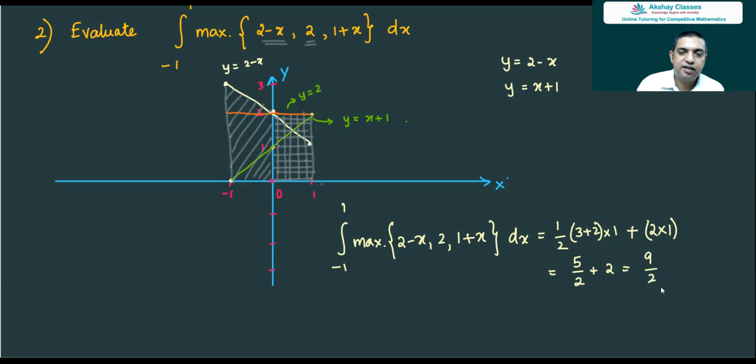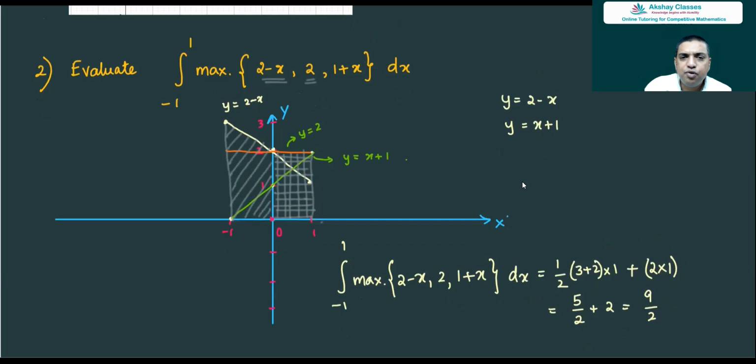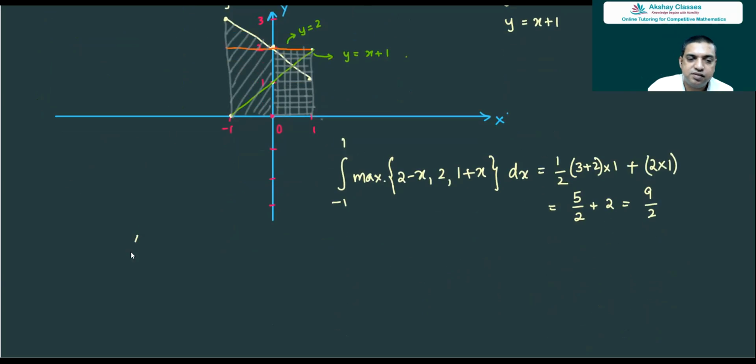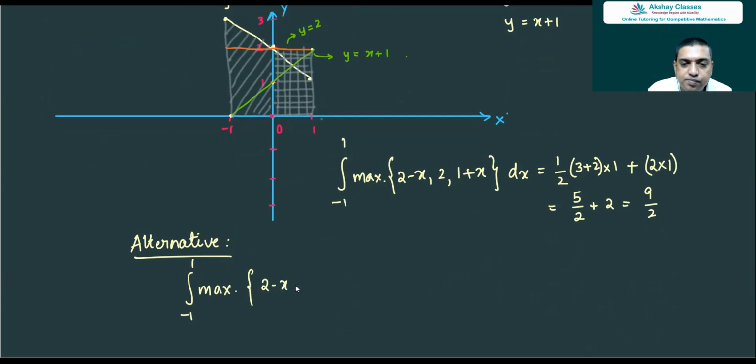And we did not do any integration. Okay. If we have to do it by integration, we have to do it like this. So this was just a graphical method. If we have to do it by the normal method of integration, we have to go about it in this manner.